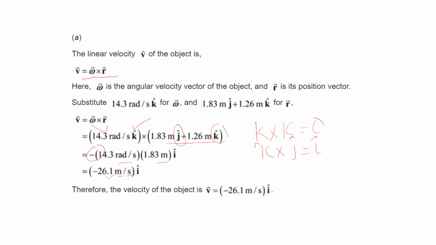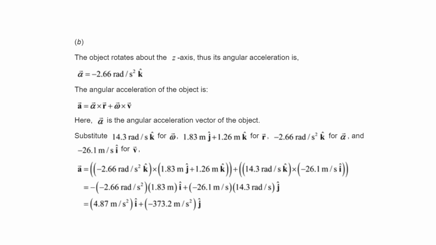Now moving towards the second part, we will have to find the acceleration, the angular one. So we just use the values we have. First of all, we use this formula and put the values in it. First of all, 2.66 multiplied by the unit vector, multiplied by the velocity, and then the angular velocity.